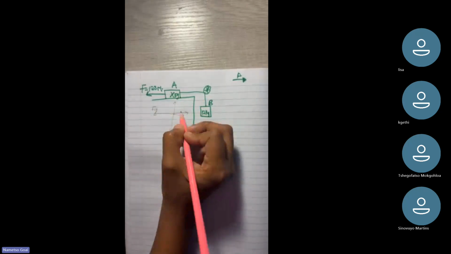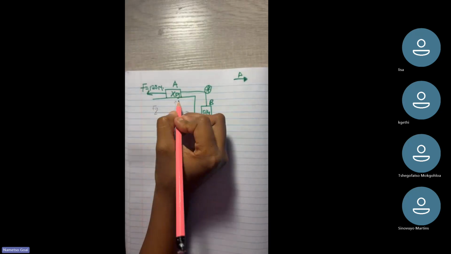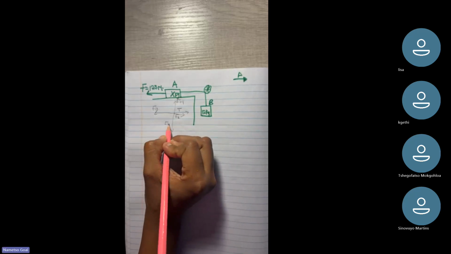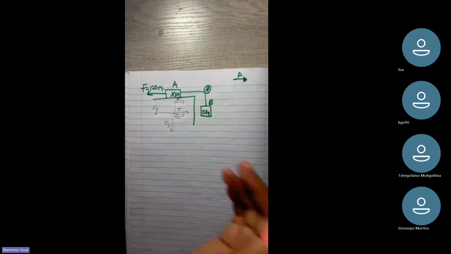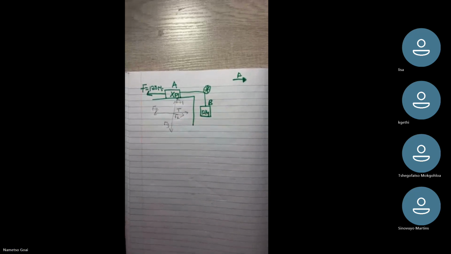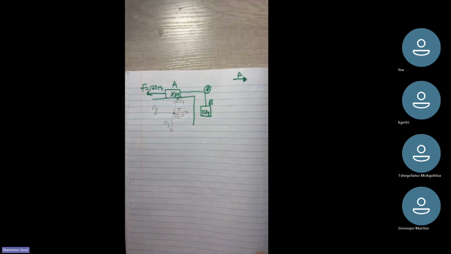So we have our FA here, we have our FK here, we have our tension here, we have our FN here, and we have our FG here, right? That's correct. So these are all the forces acting on block A, right?